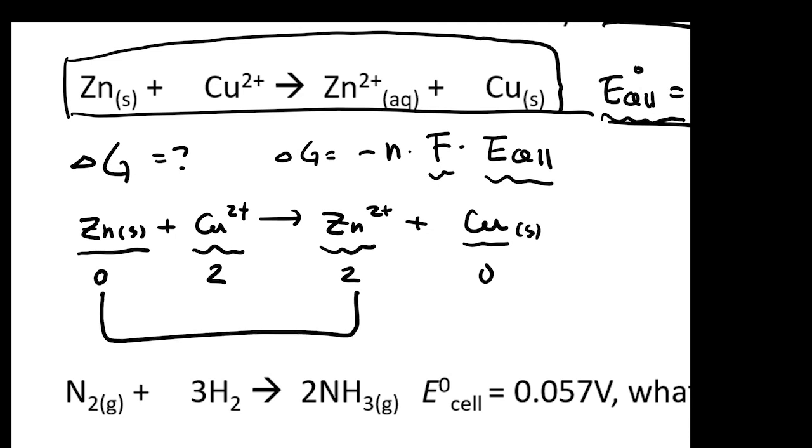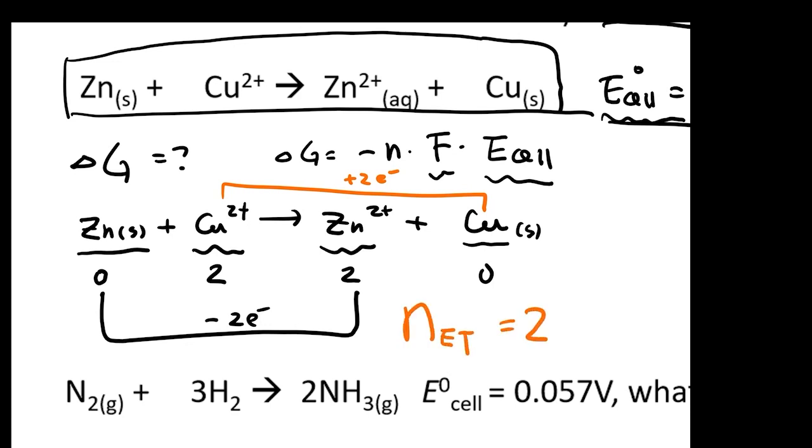That is your LEO, right? Zinc goes from 0 to 2, so it loses 2 electrons. Then your GER will be this one. You go from 2 to 0. That means you gain 2 electrons. So the number of electrons given out is equal to the number of electrons taken by the copper 2 plus. Therefore, you know the number of electrons transferred is just 2.